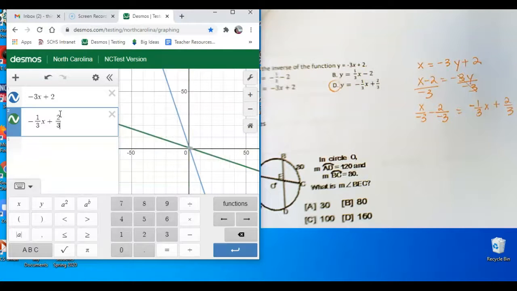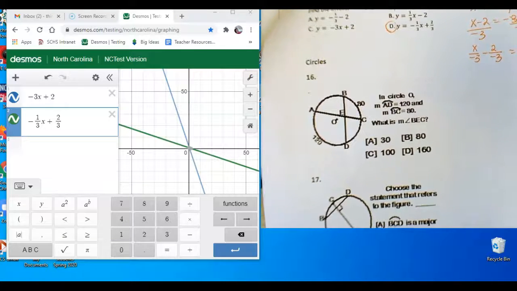And what we're looking for is for the graph to be able to flip over y equals x. Does it look like it is a reflection on y equals x? It does. So that makes sense that that answer would be correct.